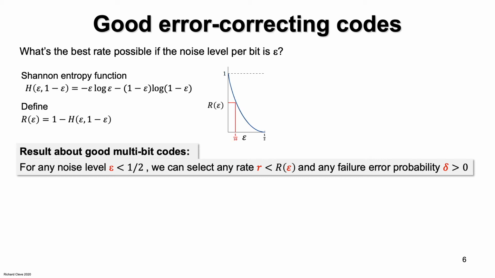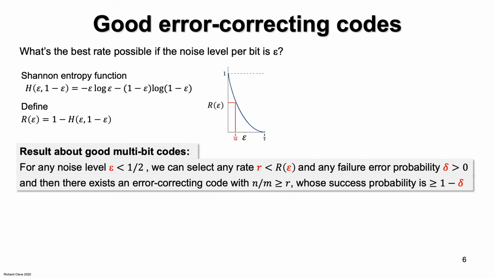And you can select an arbitrarily small positive number delta, which is your desired error probability bound. Then there exists an error correcting code whose rate is at least R and whose success probability is at least 1 minus delta. Just to be clear, success means all the bits are successfully transmitted, that there are no errors.